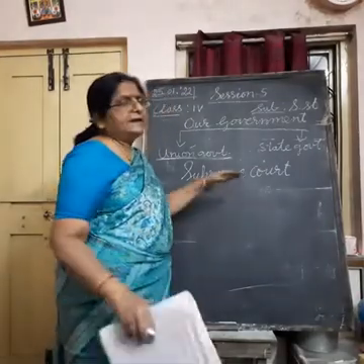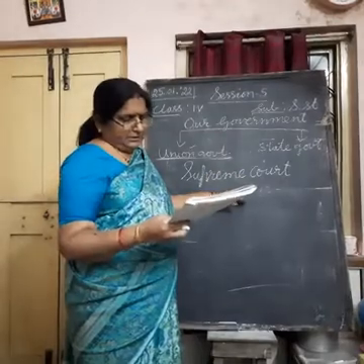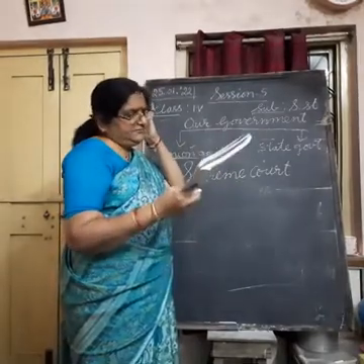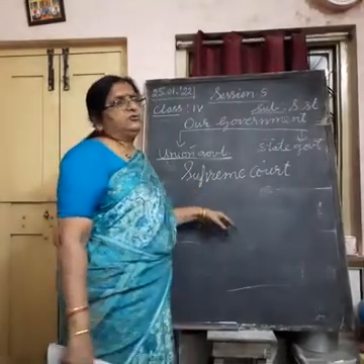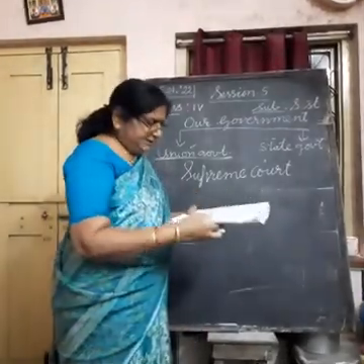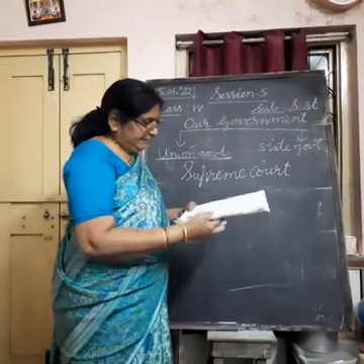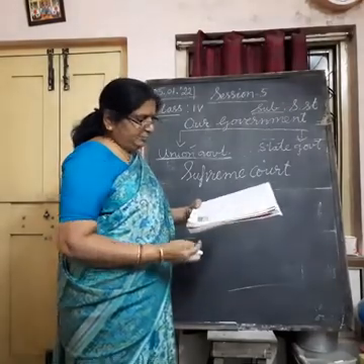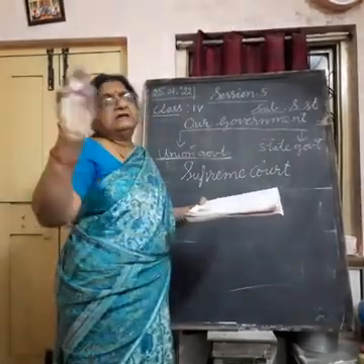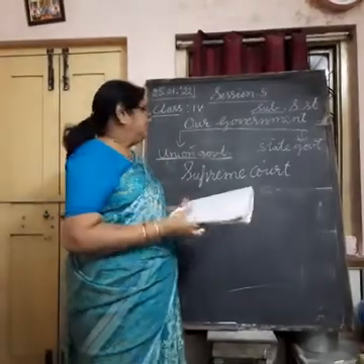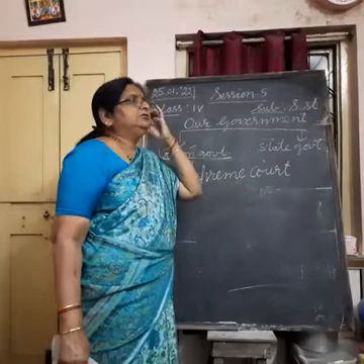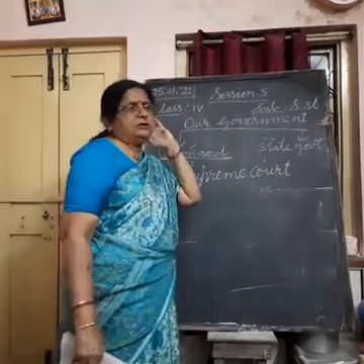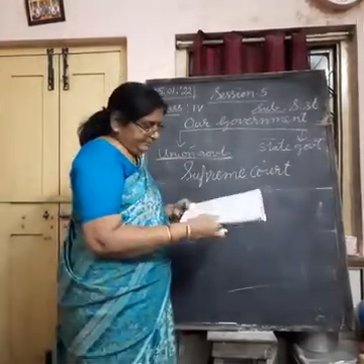It is situated at New Delhi. The president appoints the chief justice, the main judge, and under him so many other judges will be there. The decision of the Supreme Court cannot be challenged by anybody. Whatever the Supreme Court decides should be followed or agreed by the people.